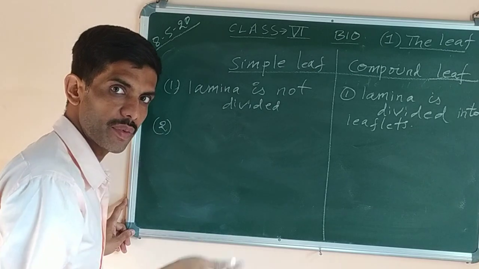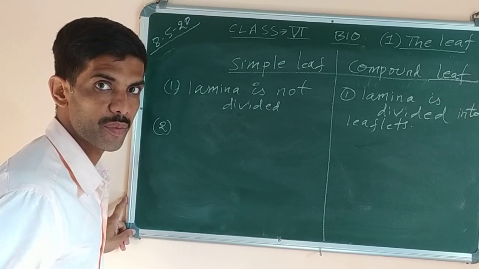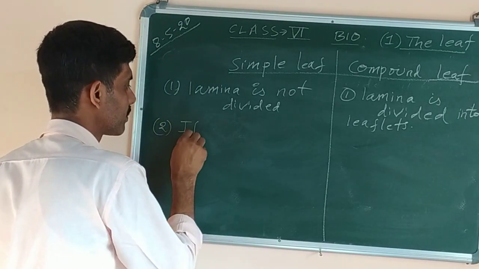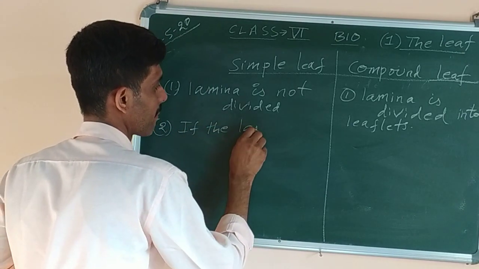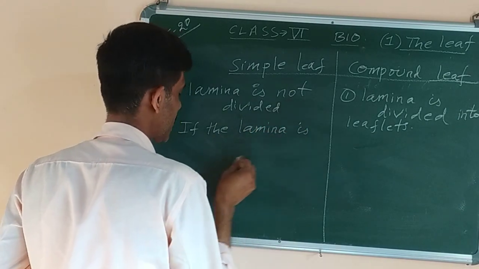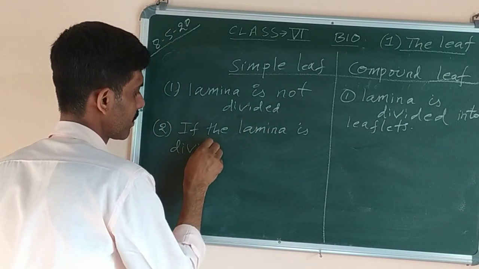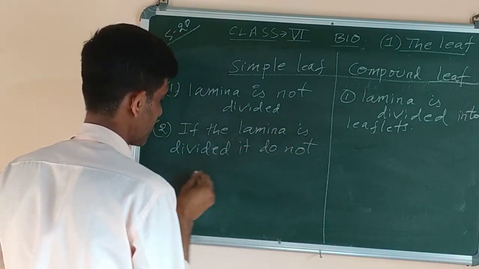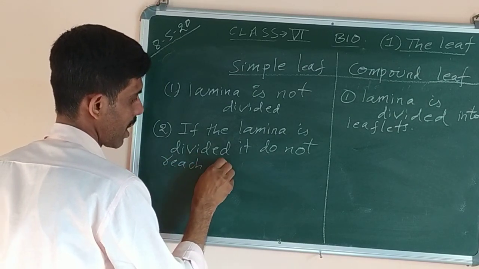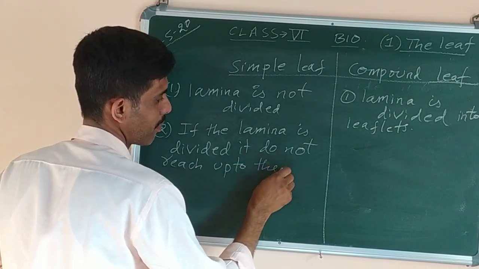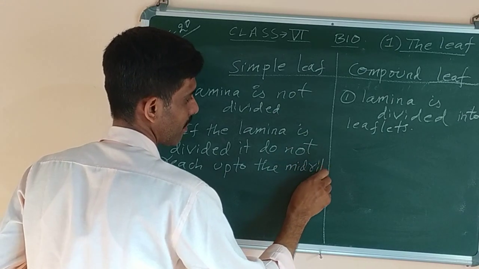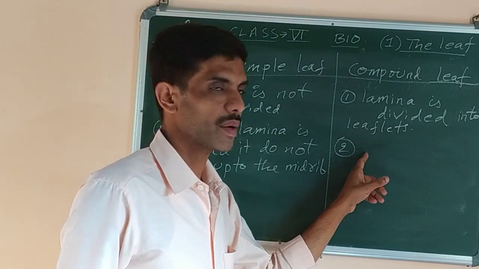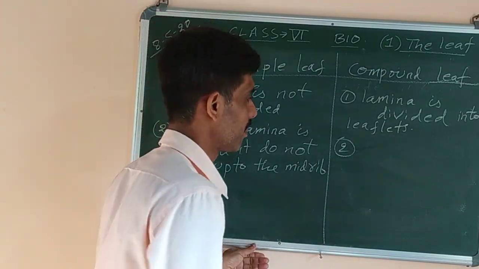If the lamina is divided also, it does not reach up to the midrib. That is the second point we have to write. But in the compound leaf, the divisions of the lamina reach up to the midrib.